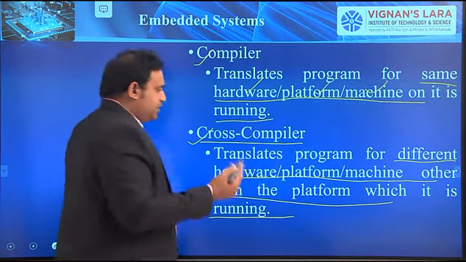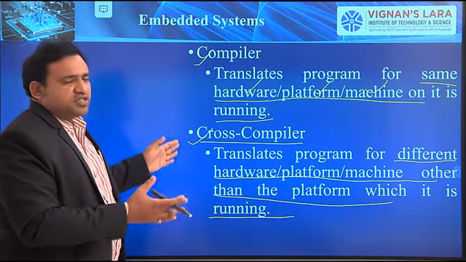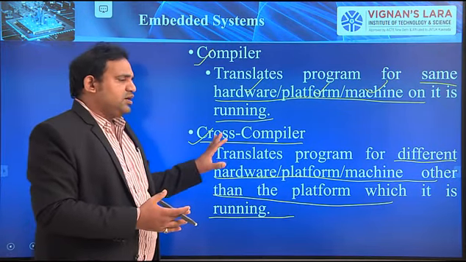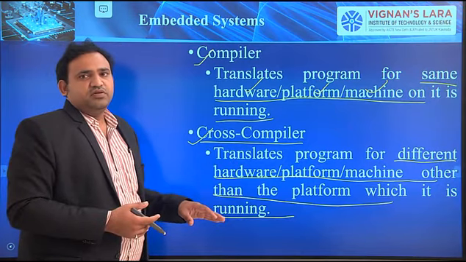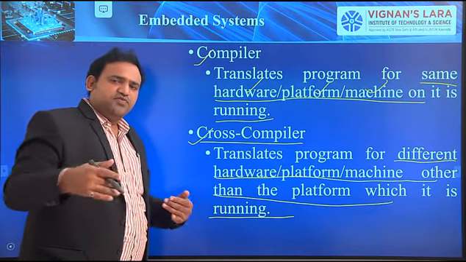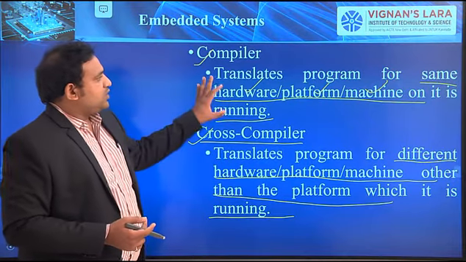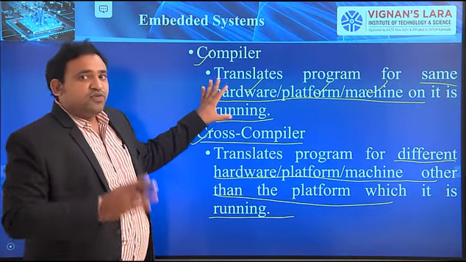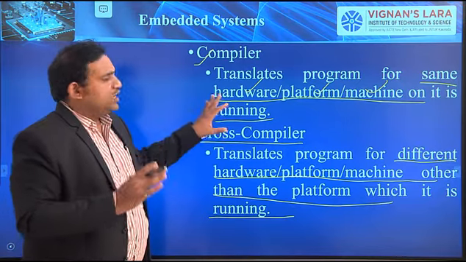What is a cross compiler? A cross compiler translates a program for different hardware, not only 8051 but also ATmega, so different microcontrollers, different processors. A compiler compiles only for one specific platform, one specific machine, one specific hardware.